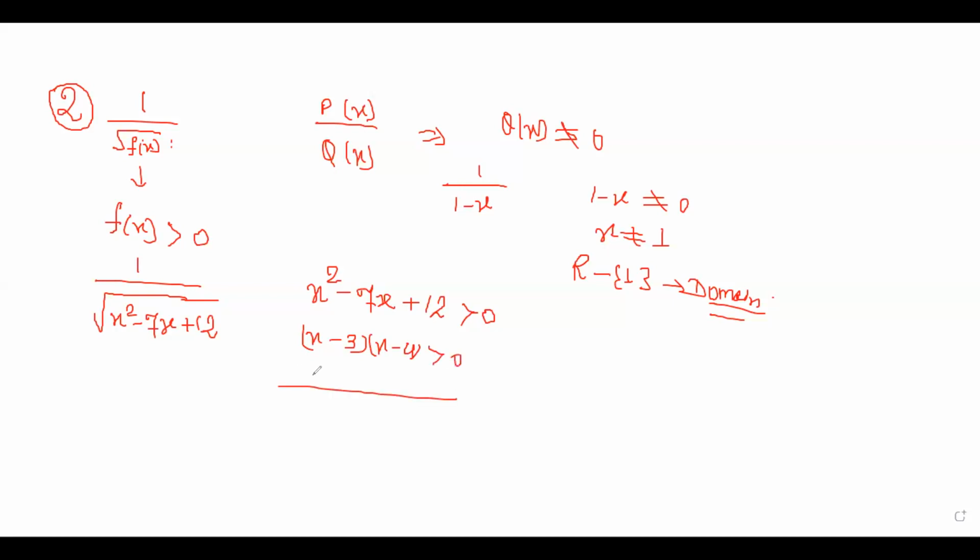This is the 3, this is the 4. Positive, negative, positive. So its answer will be minus infinity to 3, both in open brackets, union 4 to infinity. Okay. Any problem? No, sir. Okay. Rishita, any problem? No, sir. Okay, write down fast.